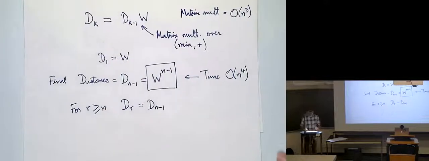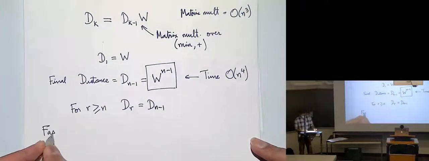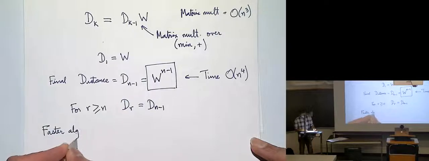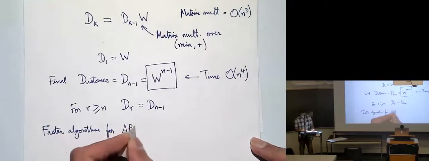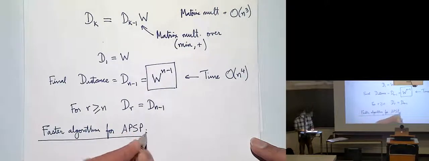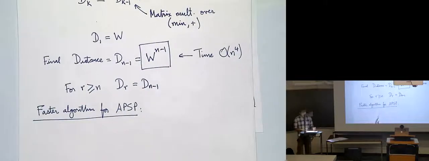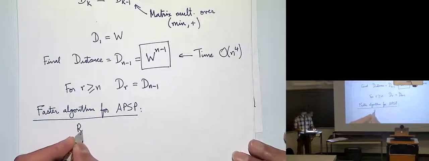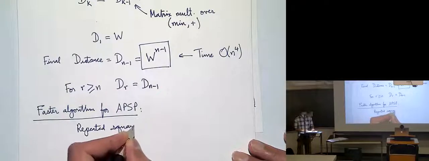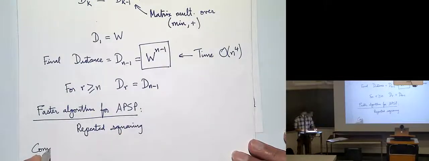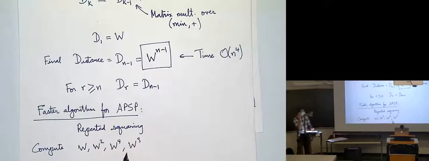The faster algorithm for APSP, and this is a very important trick or concept, is what's called repeated squaring. The idea is to compute w, then w squared, w to the fourth, and so on.